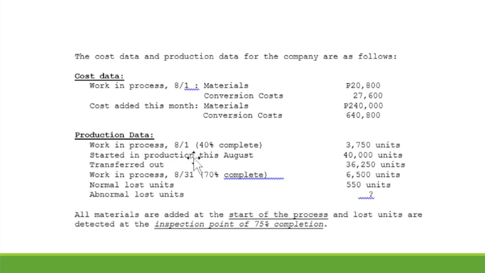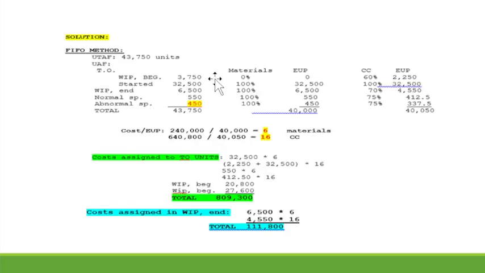Going back to the problem, the transferred out is 36,250 units. Now we need to know how many of those came from the prior period and how many were started in this production run. It is clear from the production data that 3,750 came from the previous accounting period, our WIP beginning. So, of what you transferred out to the next production department, 3,750 came from the prior period.